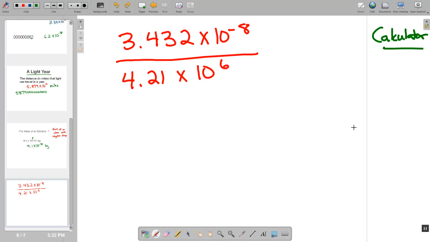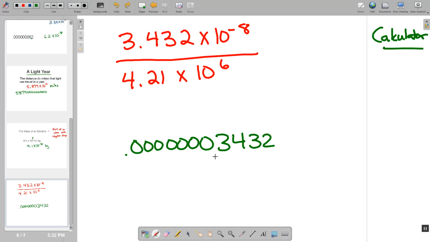But what I want you to do is turn these two numbers into standard notation, okay? So this top number will be 7 zeros and then 3, 4, 3, 2. Because if the decimal was here, it would be 8 left. So that's our first number on the top. And on the bottom, it will be 4, 2, 1, and then 4 zeros because we have to move the decimal 6 from here.